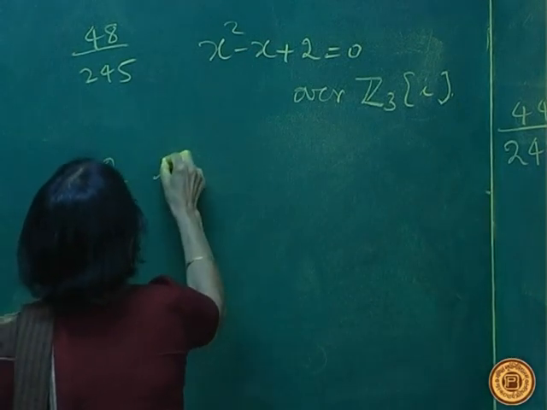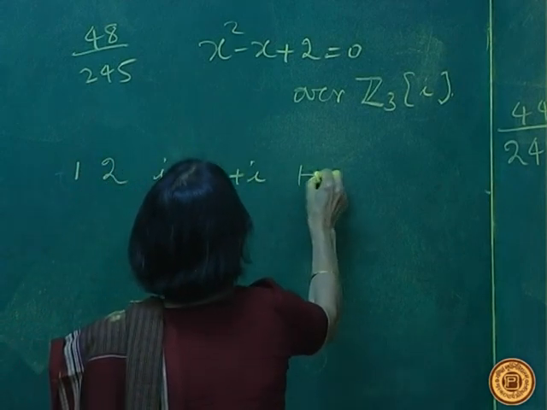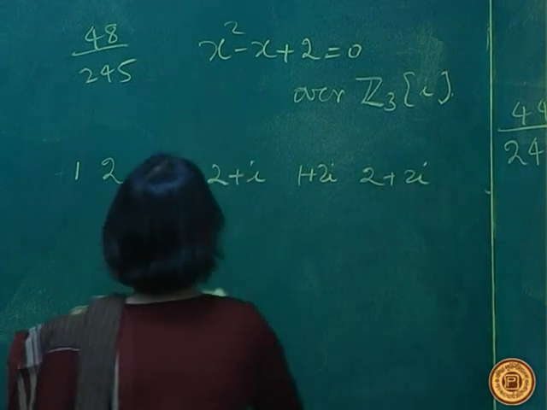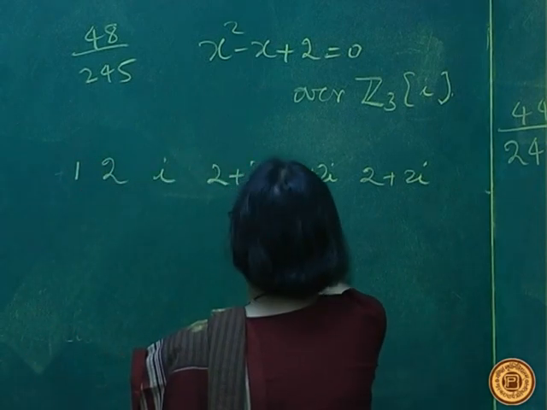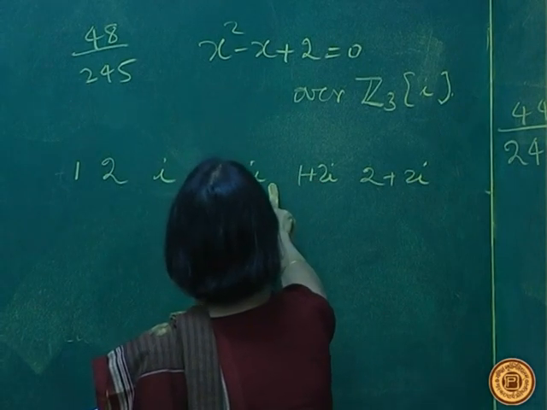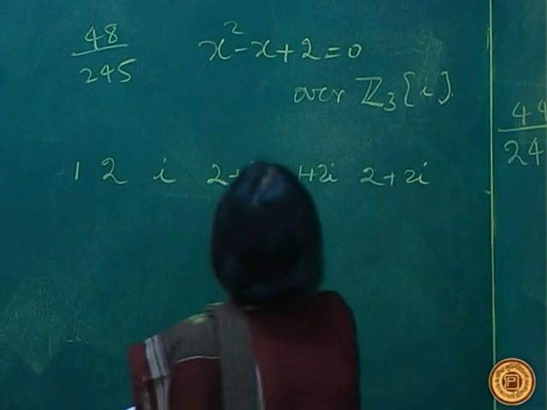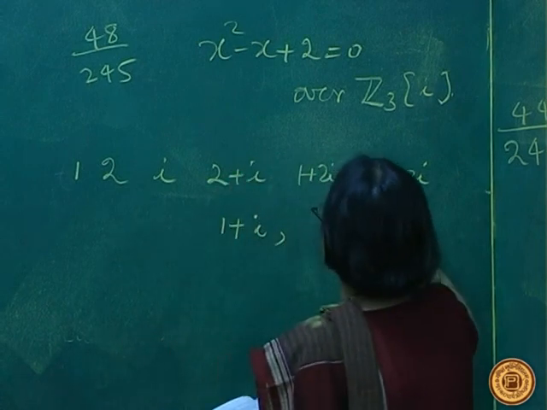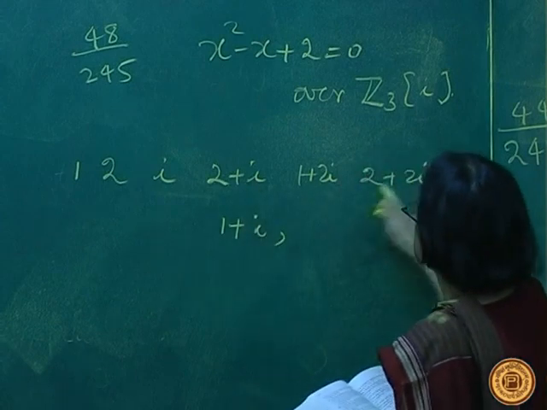1, 2, i, 2 plus i, 1 plus 2i, 2 plus 2i. Have I got them all? 8? No, I got only 6, so which are missing? 1 plus i. What is missing now? 1, 2, 3, 4, 5, 6, 7.